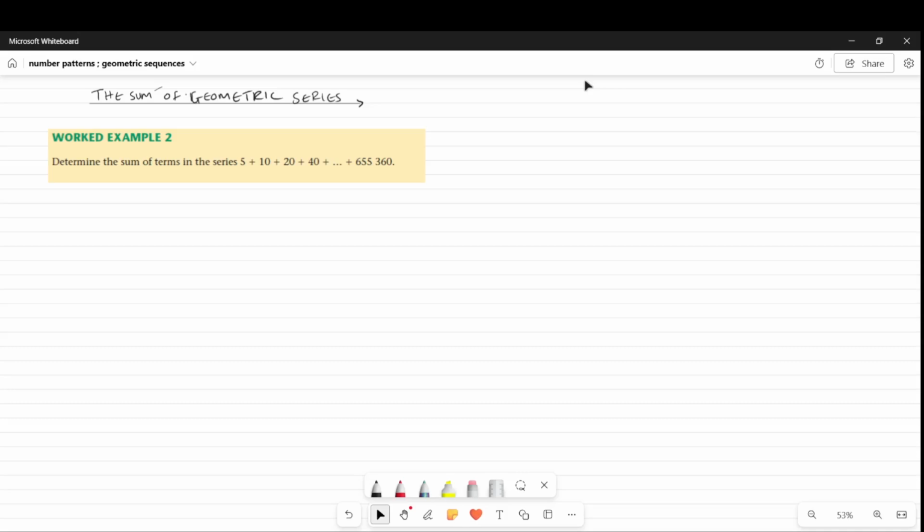So now let's have a look at this worked example. It says determine the sum of the terms in the series 5 plus 10 plus 20 plus 40 plus ... plus 655 360.